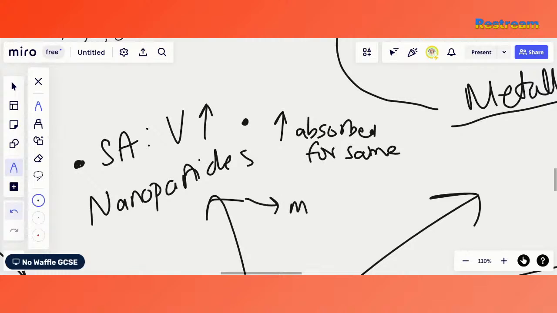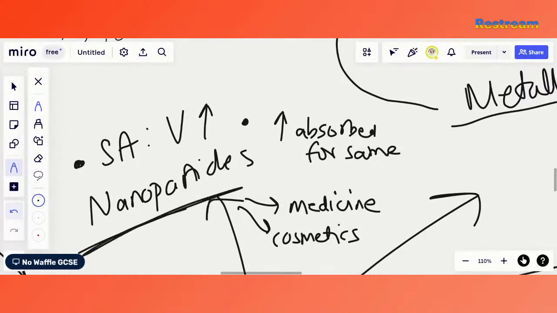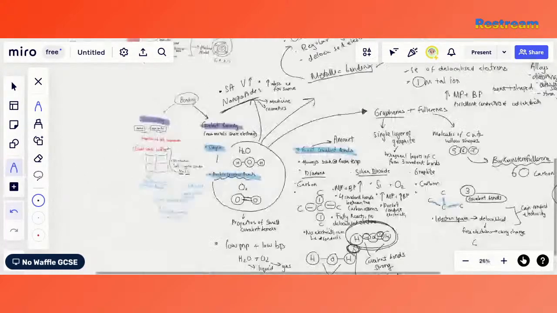They can be used for things such as medicine, cosmetics, catalysts, and there are potential risks such as nanoparticles being absorbed unknowingly. But that's the final topic for structure and bonding.